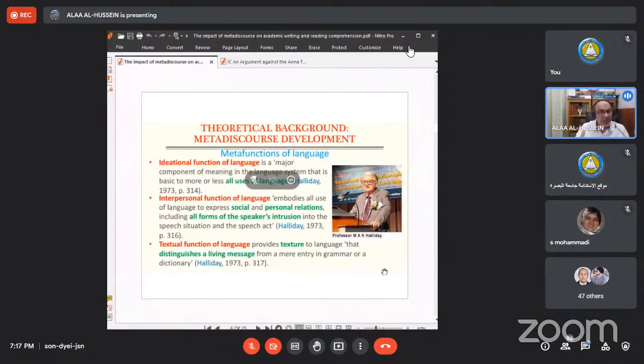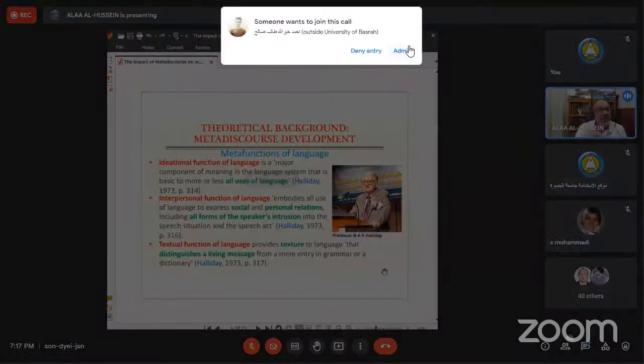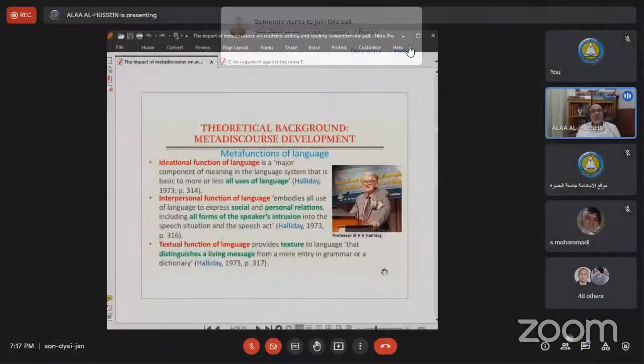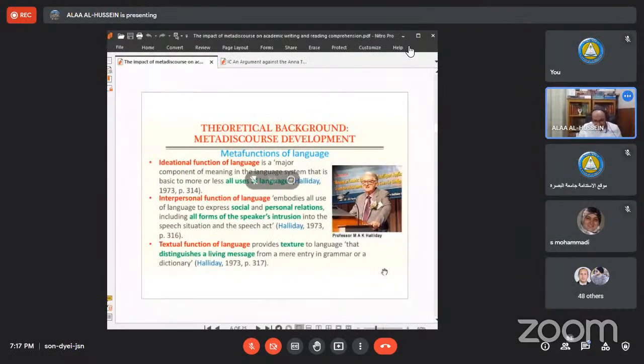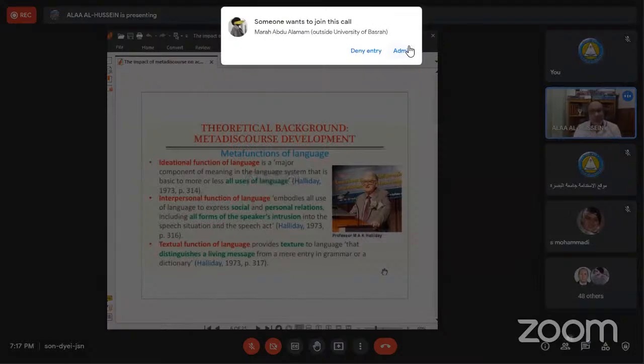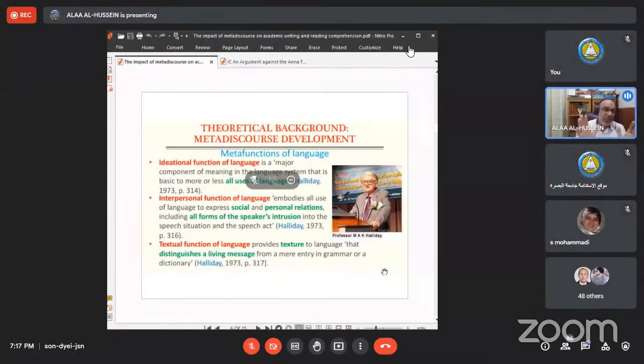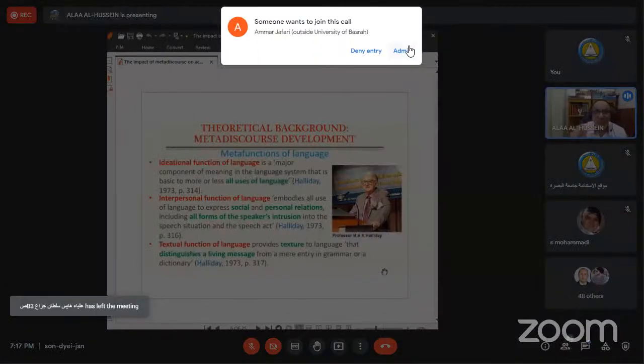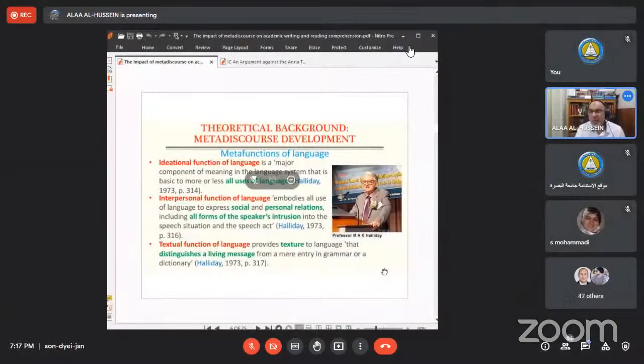interactionally, socially, as lively as the user intends to make this message. The major point in understanding these meta functions of language, the major point that Hyland is different from all other meta-discourse researchers, is that Hyland understood the holistic function of these meta functions.